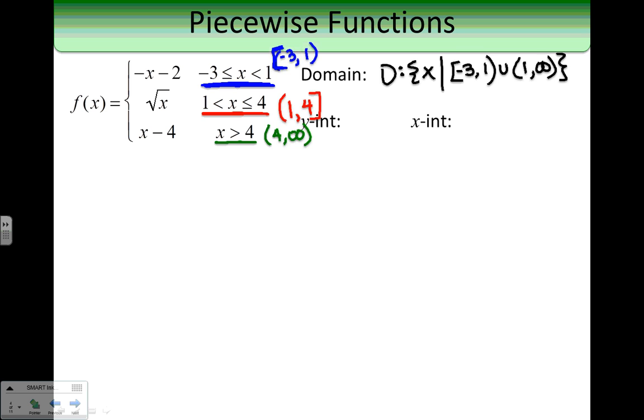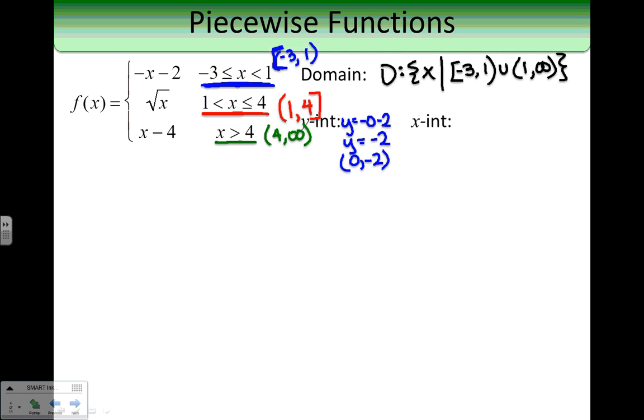From -3 to 1, 0 is in that span. 0 is greater than -3 and it's less than 1. So we're going to use that top function again to figure out our y-intercept. So plug in 0 for x. You get y equals -2. So (0, -2) is going to be our y-intercept.